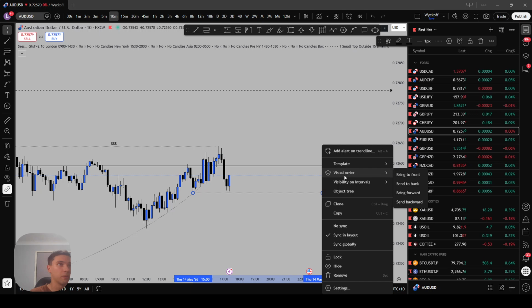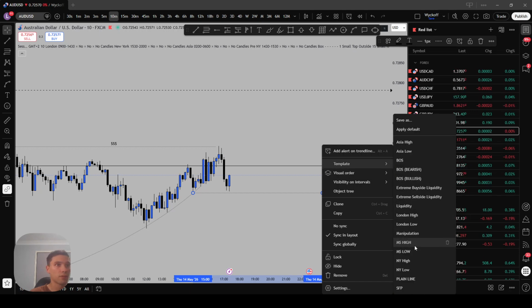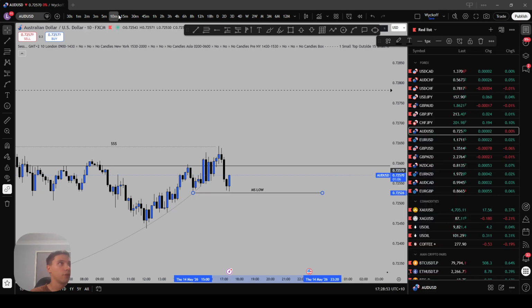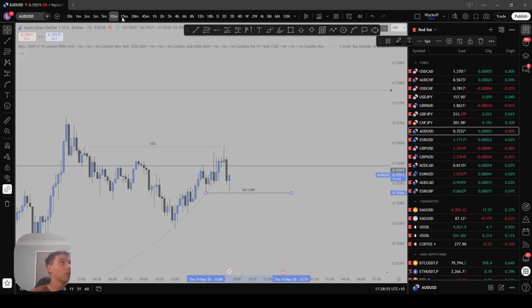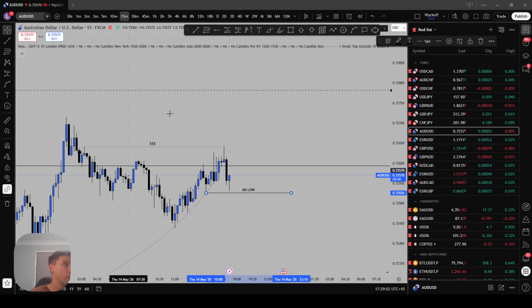And this is our 10-minute market structure low. I don't think it's valid on the 15. Interesting. No, it's not valid on the 15 because you just have inside bar candles there.